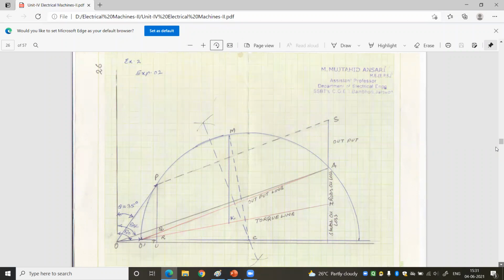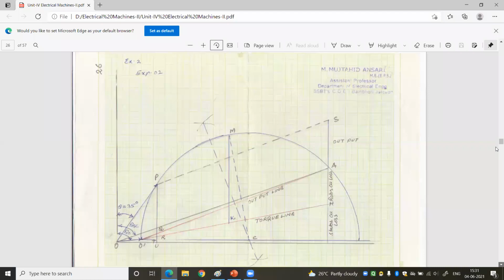So 2 centimeter at an angle of 84 degree, and this line is drawn. Now the short circuit current is 186, that is 18.6 centimeter. Joining O dash and A gives the output line. Find the center of the output line by the bisection method and draw a half circle. This half circle is going to touch point A as well as O.